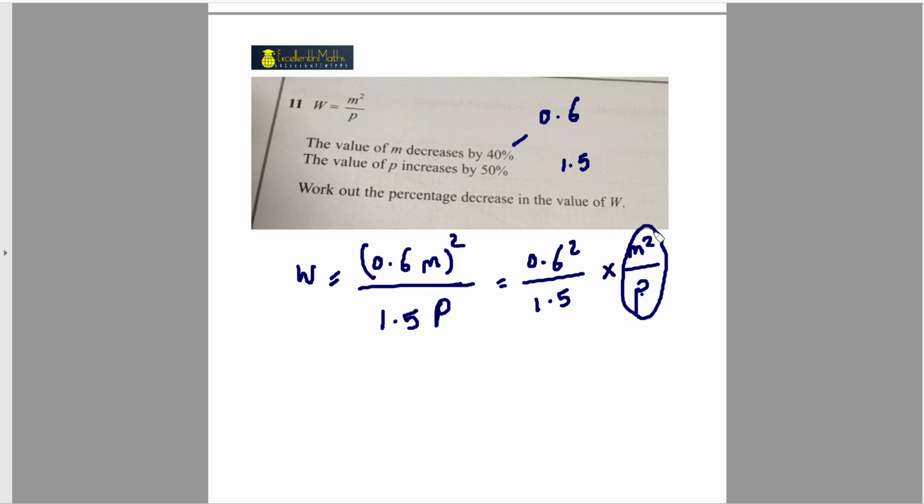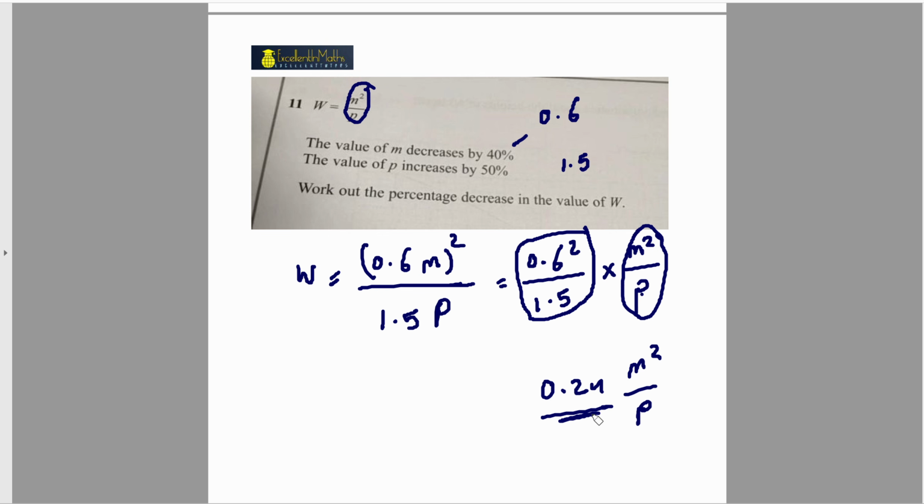This is what was before already. So from here you can find what happened to the percentage as a percentage decrease. When you divide 0.6 squared by 1.5, you're going to get 0.24 m squared over p.